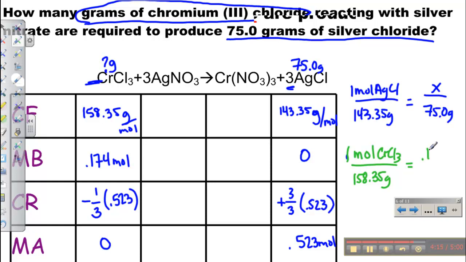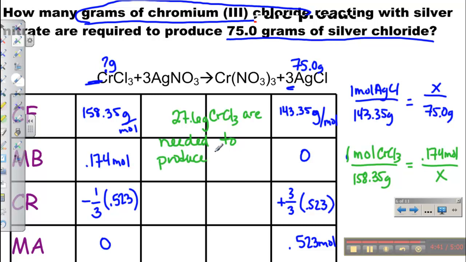We have 0.174 moles over X. So notice that you multiply, and you should start to see some patterns here that you can use. So when we multiply that, our final answer is going to be 27.6 grams of chromium-3 chloride are needed to produce 75 grams of silver chloride.